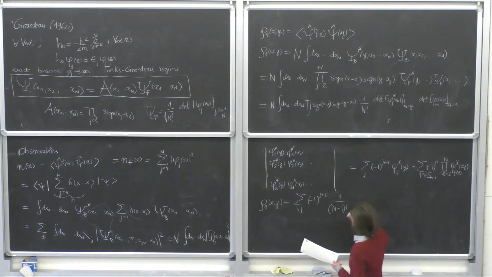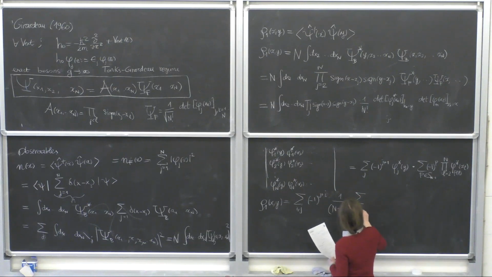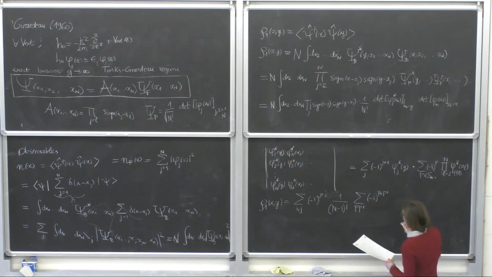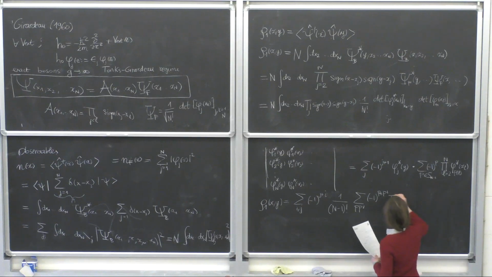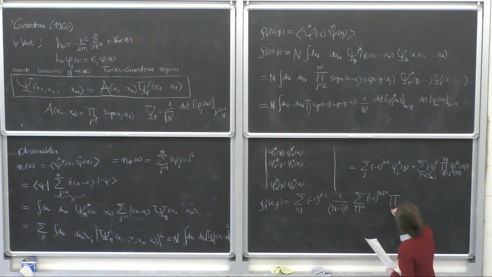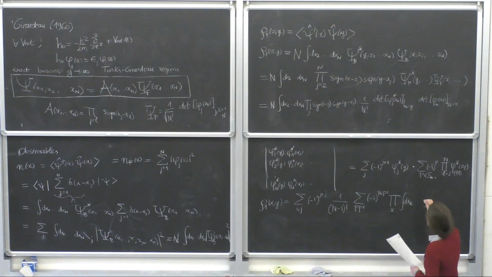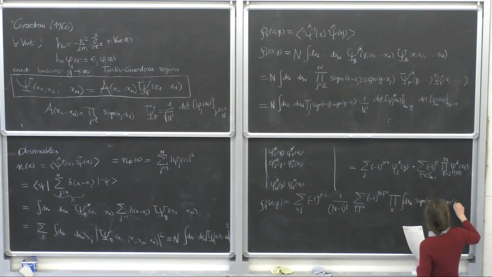Then I get the sum over two types of permutation, p and p prime, the overall sign of the permutation, and then I have the product over k, let's use another symbol not to mix with i and j there, integral in the xk, and I have the function sine of x minus xk and y minus xk.